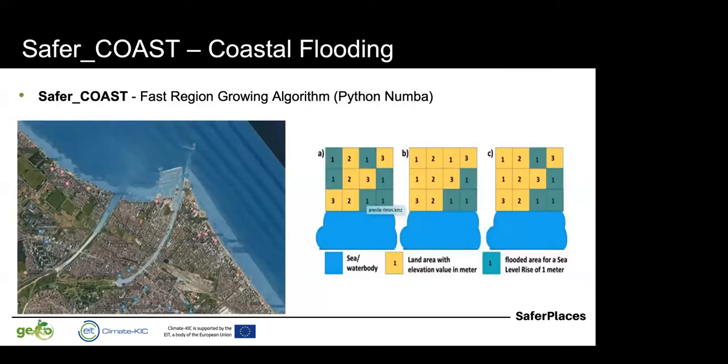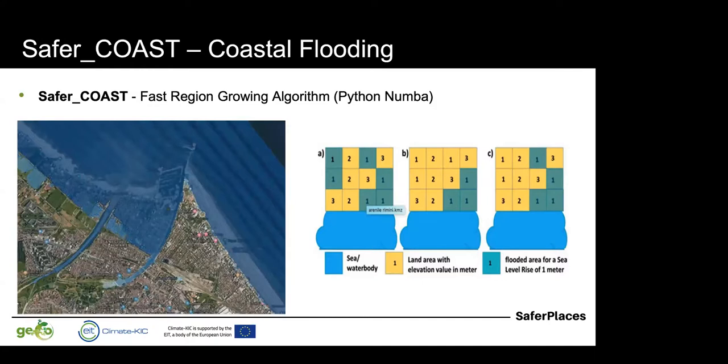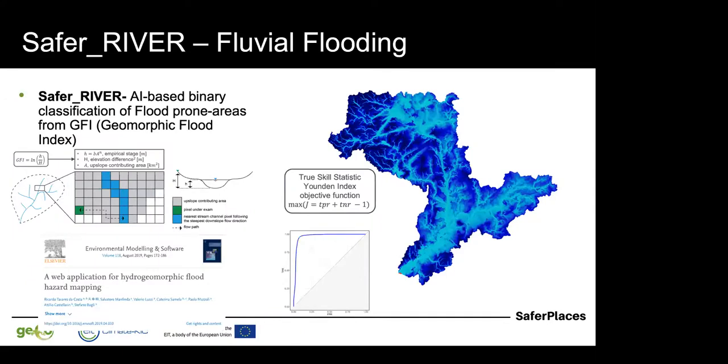Then we have developed Safer Coast, a fast region growing algorithm dedicated to mapping coastal flooding for a specific extreme sea level. It's written in Python, exploiting the NumPy library. And for the classical fluvial flooding, we have developed Safer River.